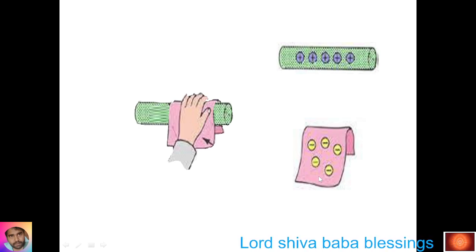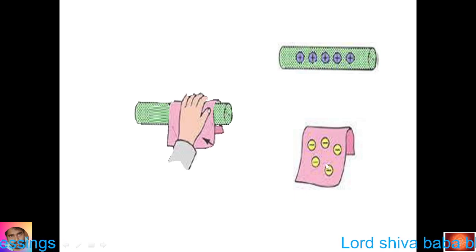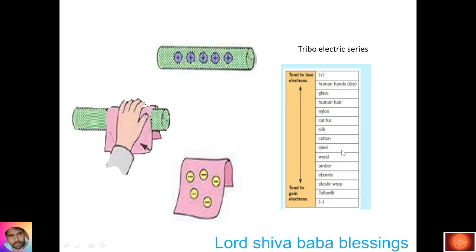The reason behind this is that glass has the tendency to lose electrons. Since it loses electrons, it becomes positively charged, and the lost electrons are gained by the silk cloth, so this becomes negatively charged.